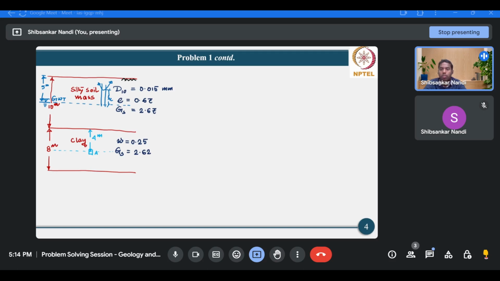But if such data is not available, then we have to go for some empirical relationship.